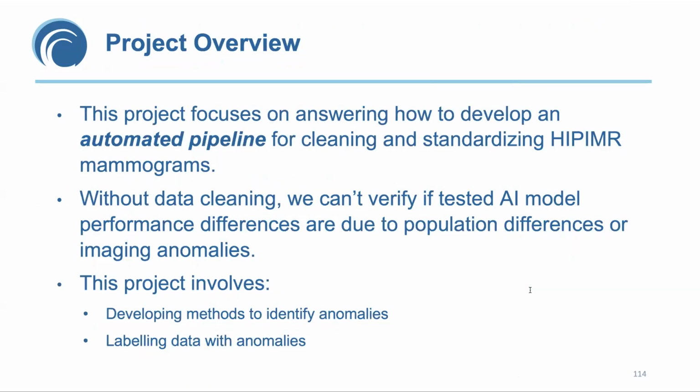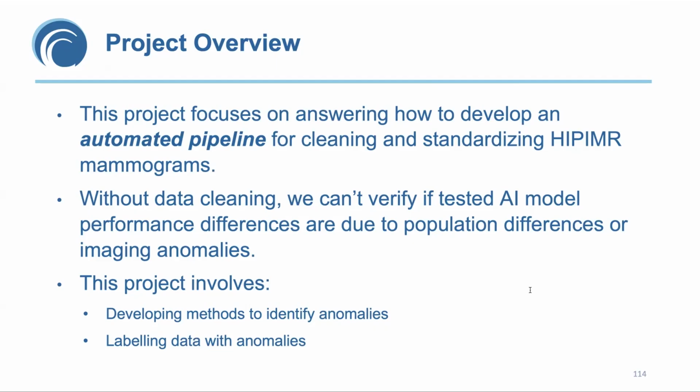Our project overview is focusing on answering how to develop an automated pipeline for cleaning and standardizing these HIPMR mammograms. Without data cleaning, we can't verify if these tested AI models' performance differences are from the population or the image anomalies. This overall project involves developing methods to identify these anomalies.